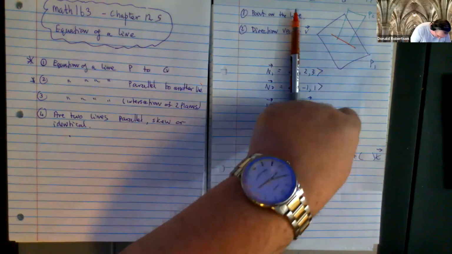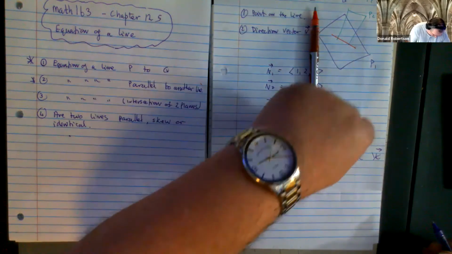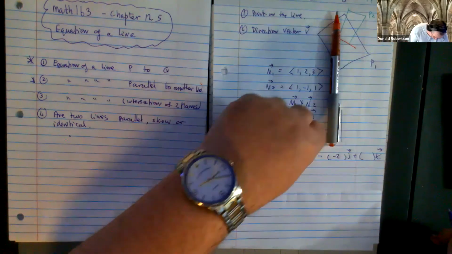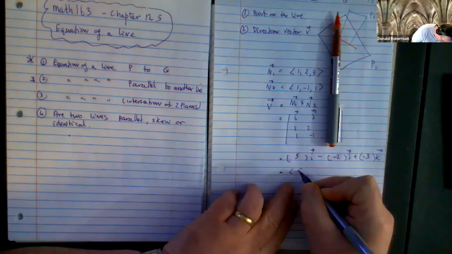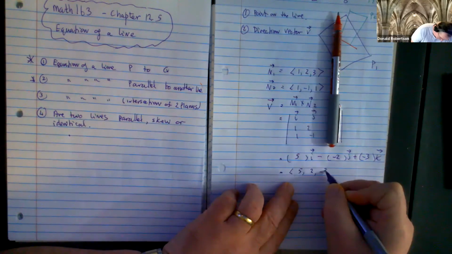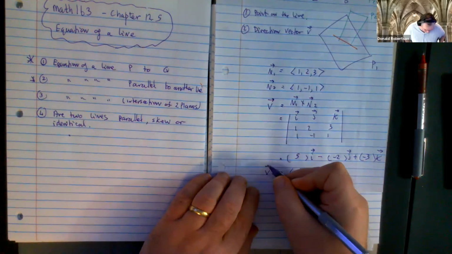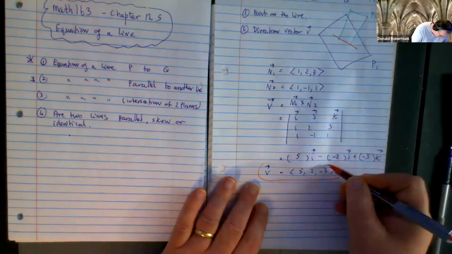2 take away -3 gets you 5. 1 take away 3 gets you -2. And -1 take away 2 gets you -3. And so we are looking at 5, -2, -3. There's my direction vector. So we'll circle around it to remember that that's important.